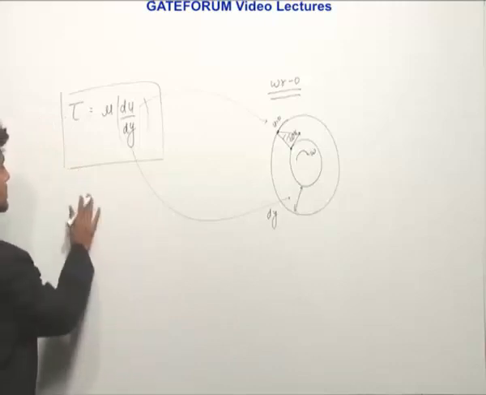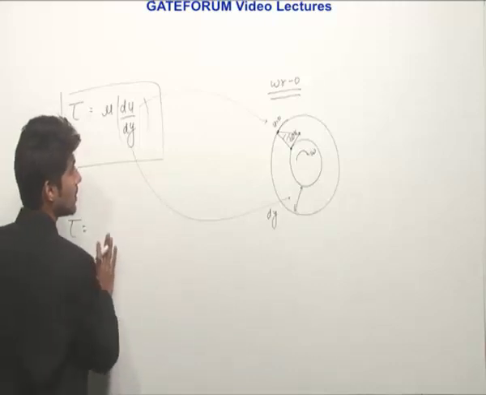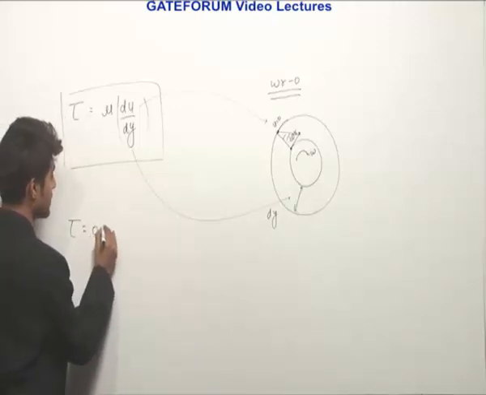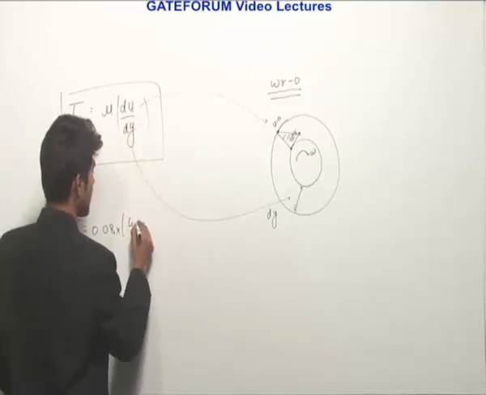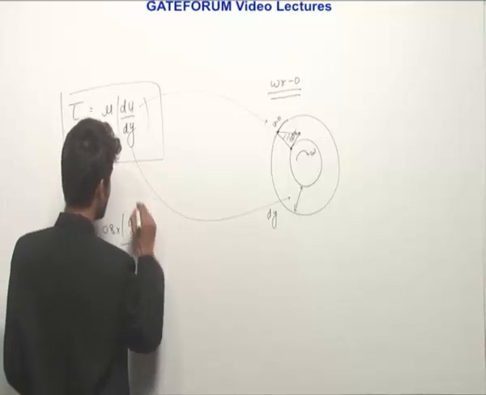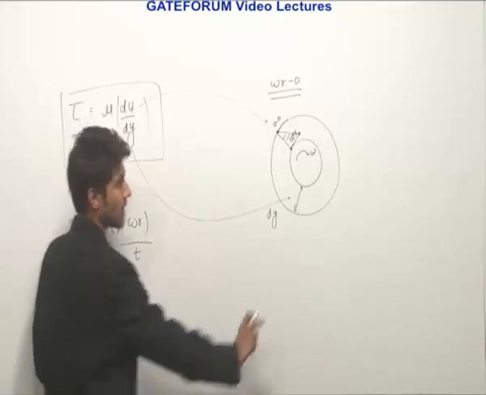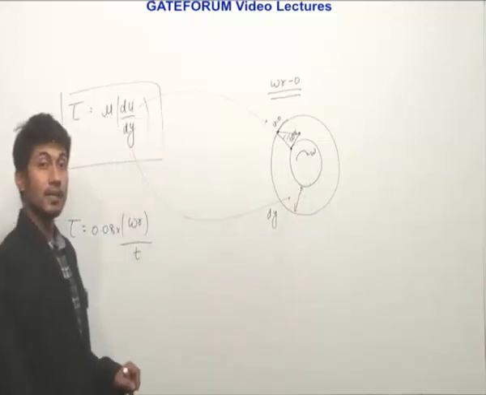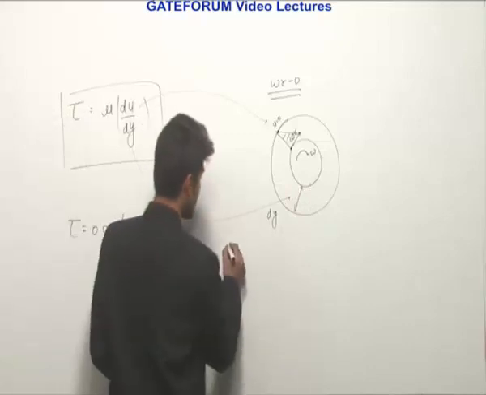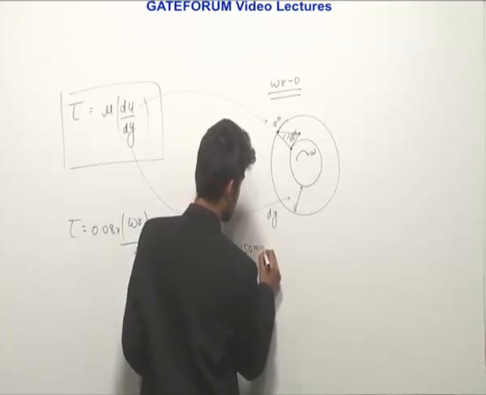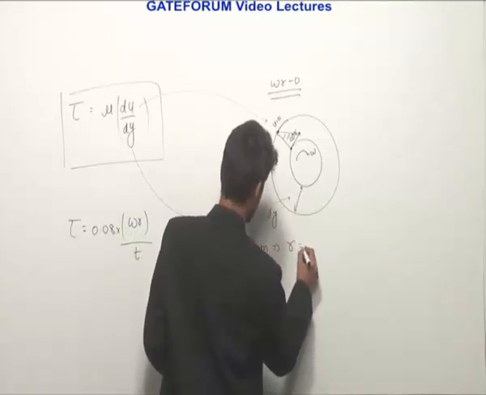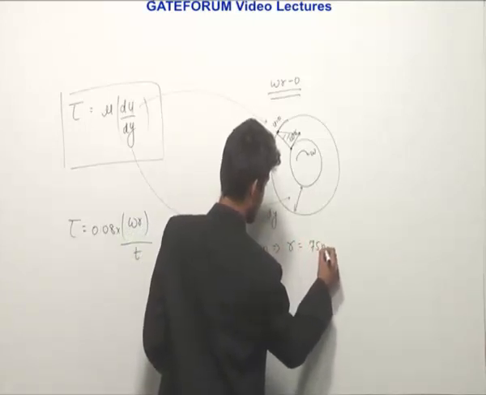Now the shear stress will be equal to mu, the value of mu is 0.08, multiplied by du, that is omega into r, divided by dy, the thickness. This is what I need to find. The diameters are given: shaft diameter is 150 mm, so the radius can be written as 75 mm.